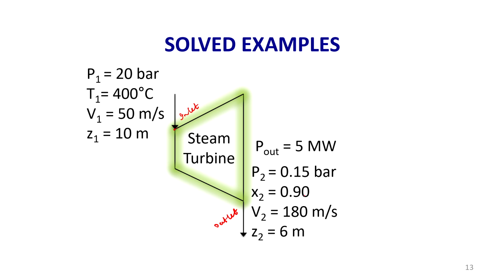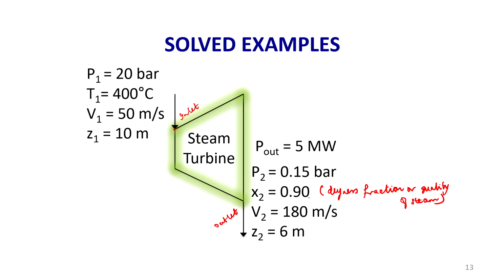This is the dryness fraction or quality of steam, small x. x2 equal to 0.9 means it contains 90% vapor and 10% liquid. Velocity at the exit is given as 180 meter per second and the datum is also given.